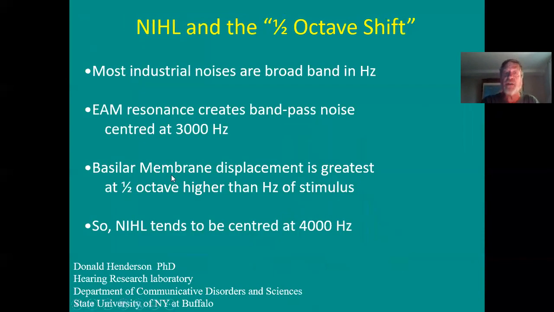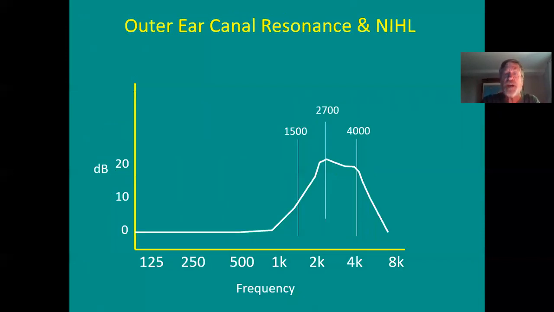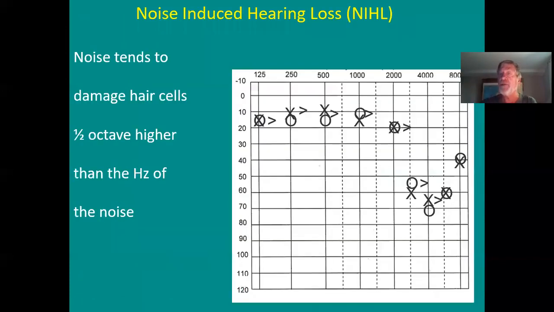And this next slide is saying actually inside the cochlea, the basilar membrane, the peak of the wave tends to be greatest around a half an octave higher than the frequency of the stimulus. And so if the sound tends to be pushed through this type of resonance, the damage is going to occur a half an octave higher. So slide this about a half an octave higher and turn it upside down, and what do you got?